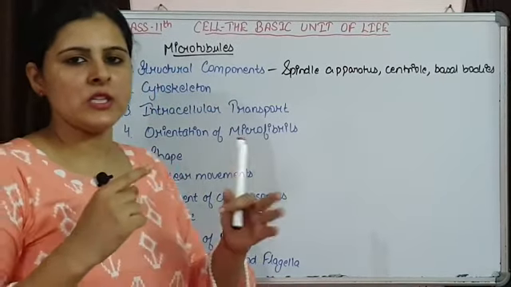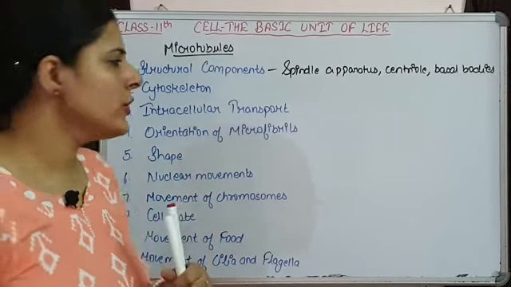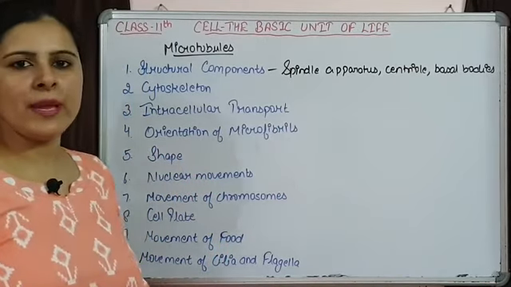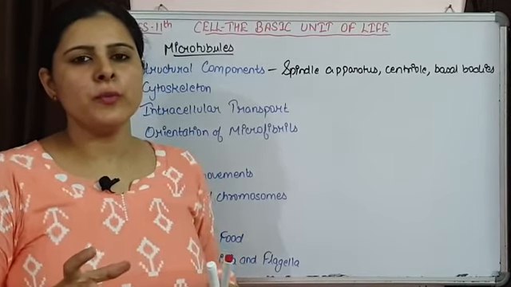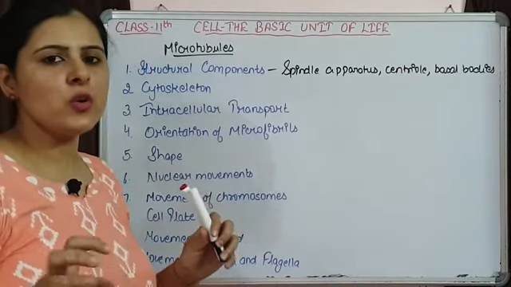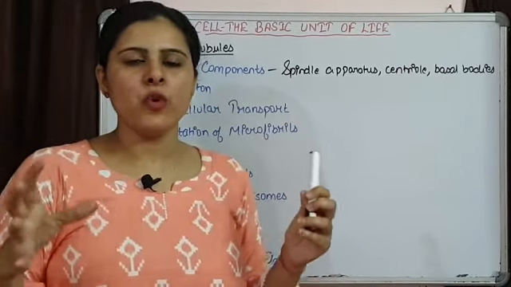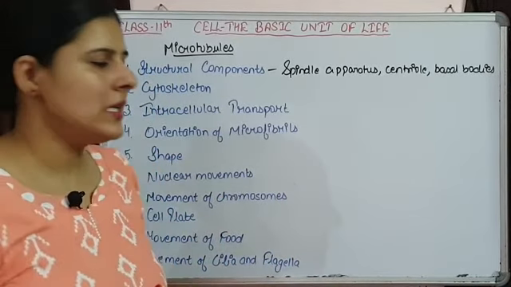Intracellular transport within a cell is facilitated by these microtubules. Orientation of microfibrils in most of the plant cells is controlled by microtubules, and in cells which do not have a proper cell wall, they are going to maintain the shape of those particular cells.